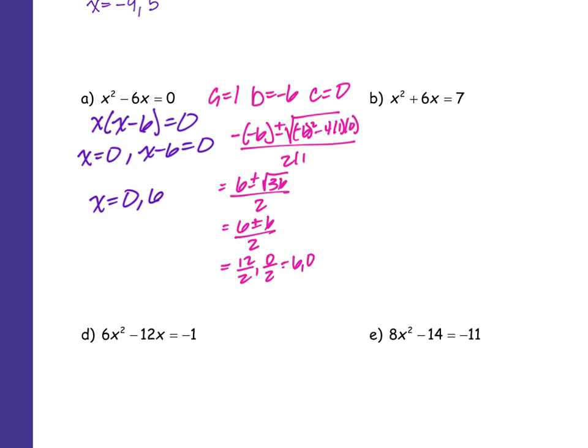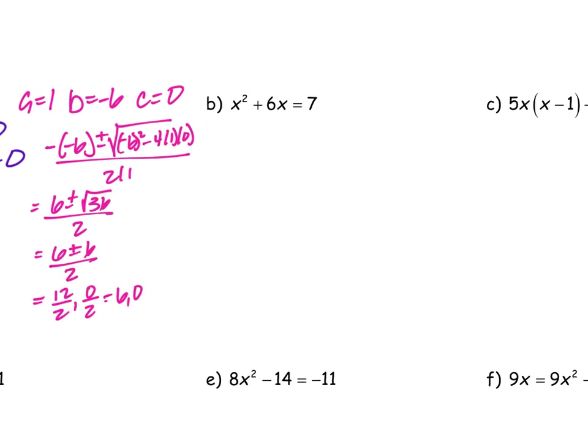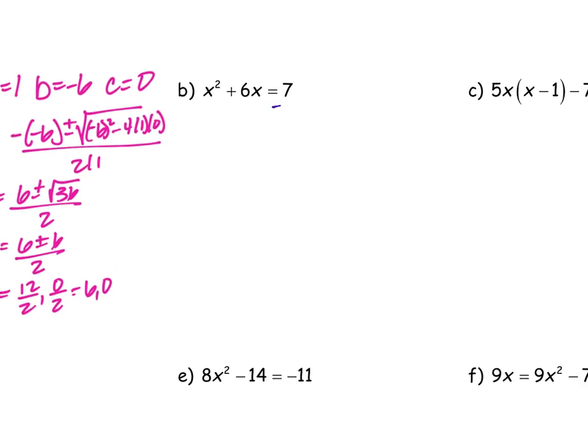Okay. So if we go to the next one, I'm going to subtract 7 from both sides. And I get x squared plus 6x minus 7 equals 0. And I can factor that. So give me 2 numbers that multiply to be -7 and add to be 6.